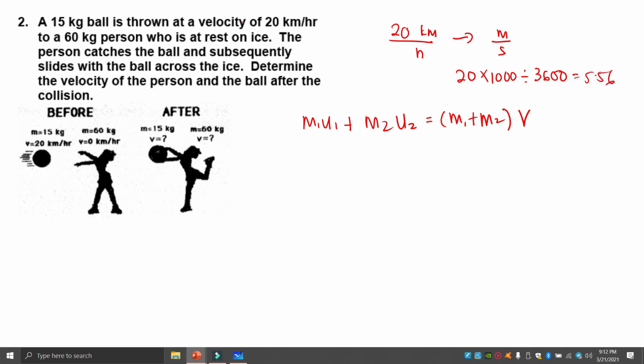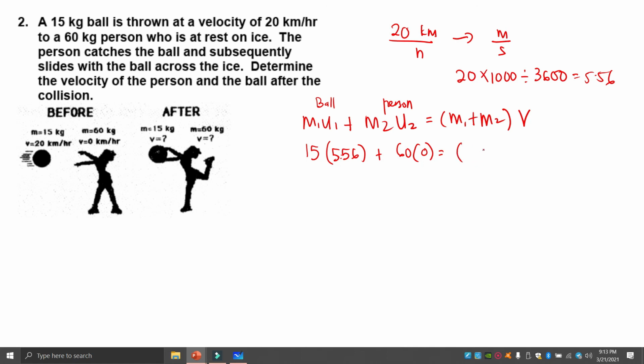So let's calculate. The ball is 15 kg, so m1 u1 is for the ball, and this is for the person here. So 15 times u1, which we already calculated as 5.56, plus m2, the mass of the person is 60 kg and she is not moving, so u is 0. After she catches the ball, she moves together with the ball.